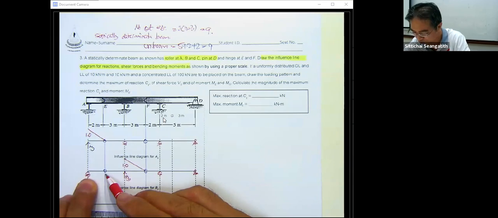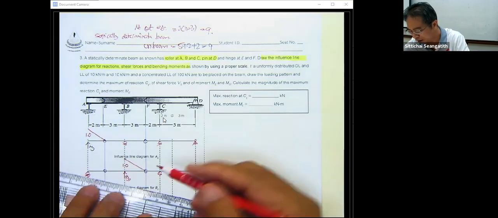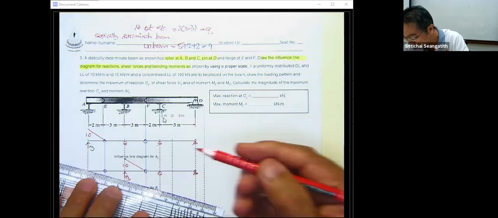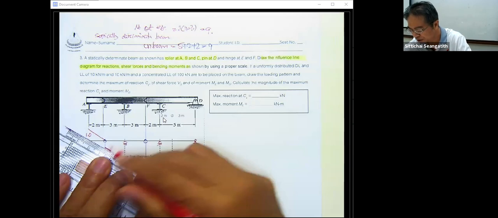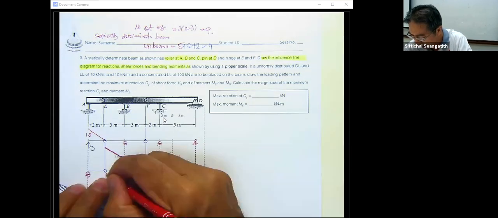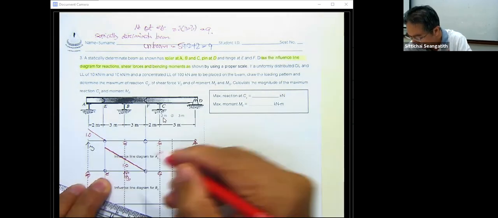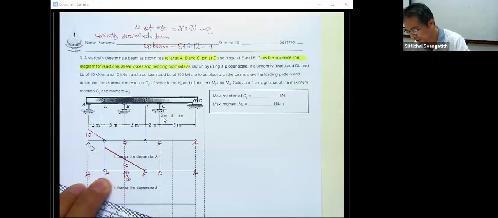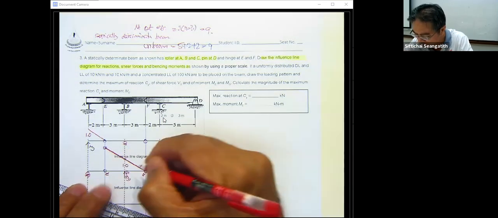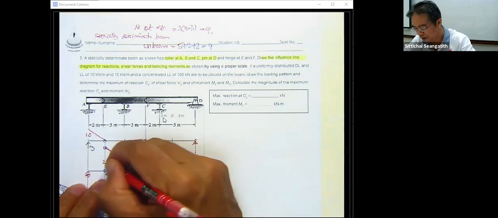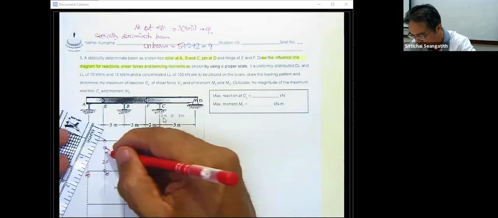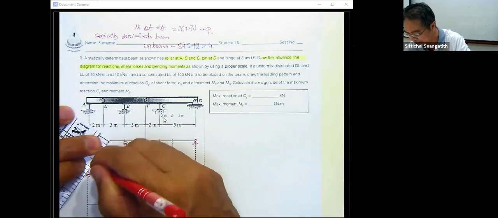This portion of E, B, and F, they are the portion of the beam, so they move together as a piece. And then the length here is going to be 2.0. And we have this one for the influence line of B sub Y.